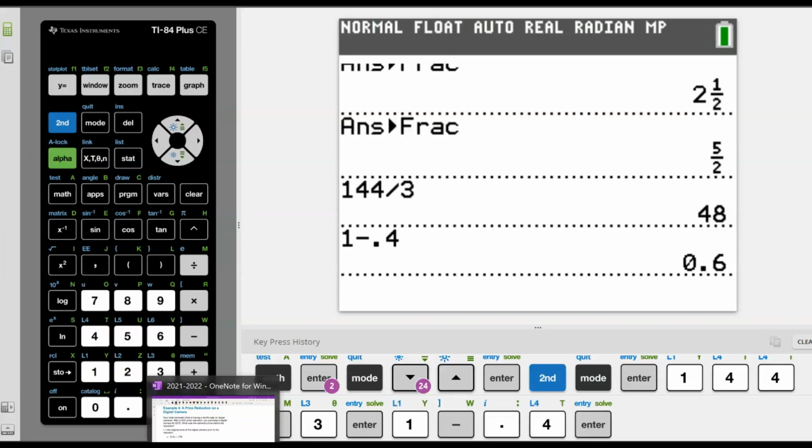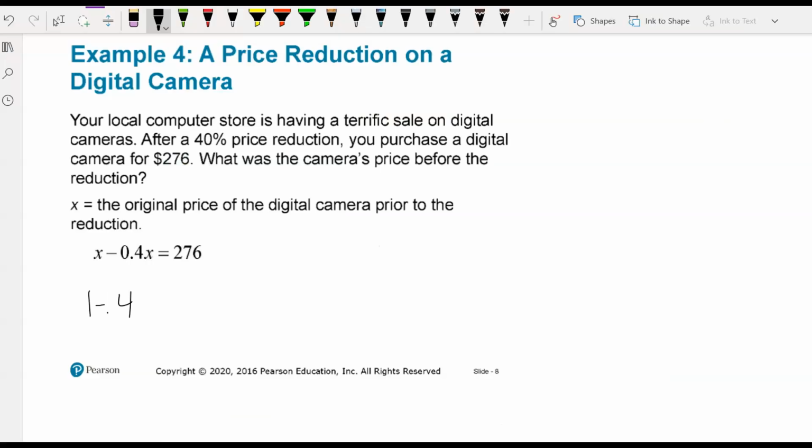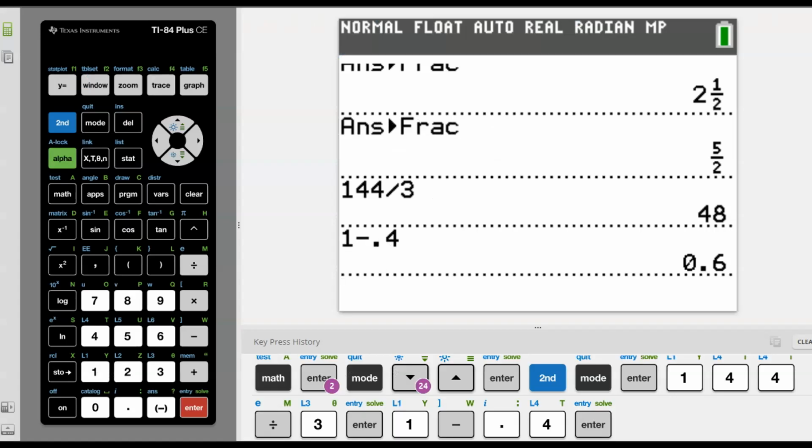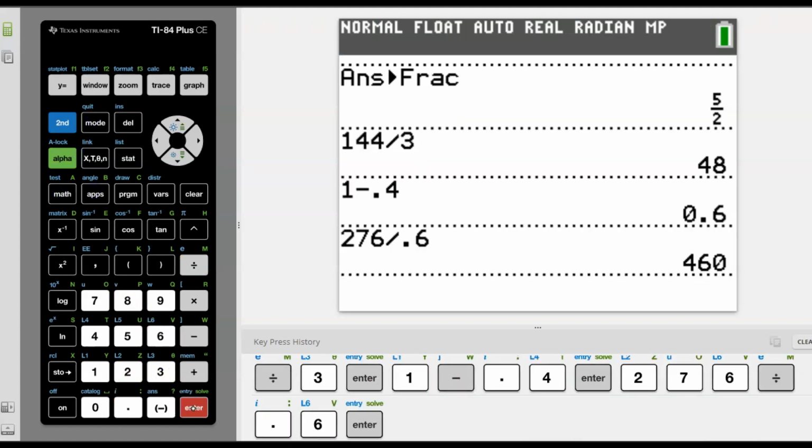So you get 0.6. So it'd be 0.6x equals 276. Then you'll divide by 0.6. So x equals 460.